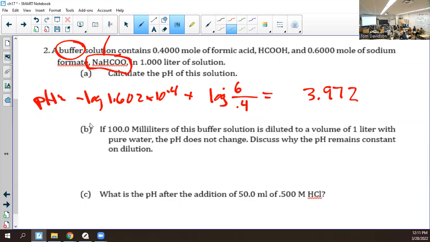Discuss why the pH remains constant on dilution. No, that's the trap. Again, that seems like, oh, easy, it's a buffer. This has nothing to do with it being a buffer.